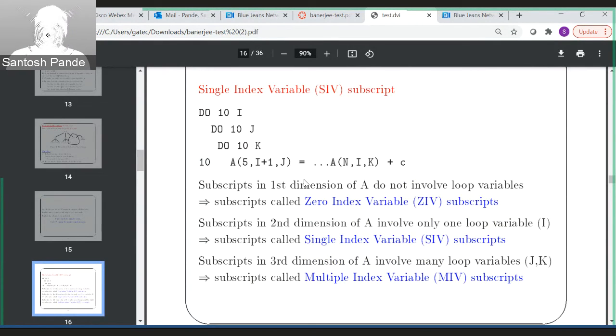And then there are subcases of this, depending on what these subscripts mean. And in the third case, you can see that we have two subscripts here which are coming from different variables, and so this is called multiple index variable subscripts.